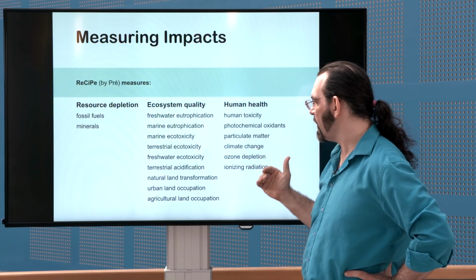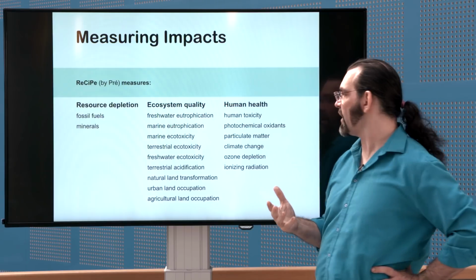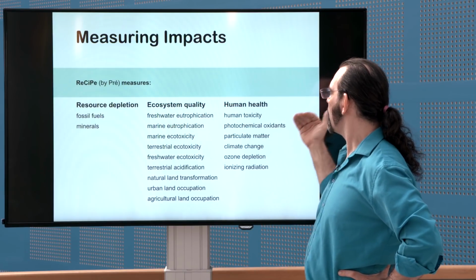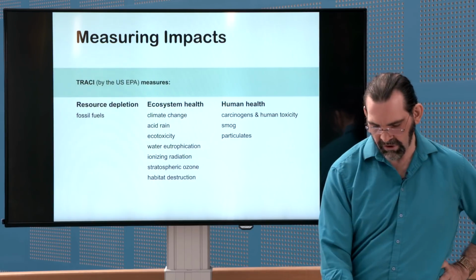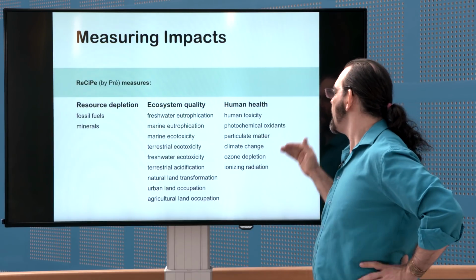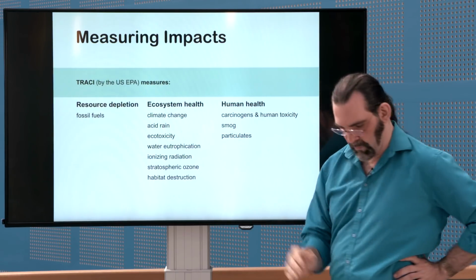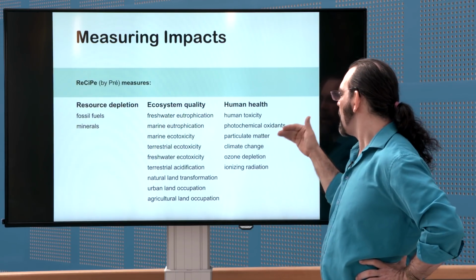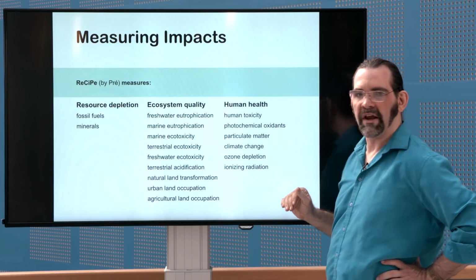It's got acidification once again, and 3 different kinds of land use change. And then human health, again, there's the standard sort of carcinogens and other human toxicity here, and then photochemical oxidants, that is basically smog, and particulate matter, climate change, ozone depletion, and ionizing radiation again.